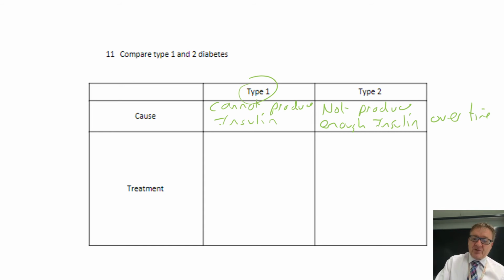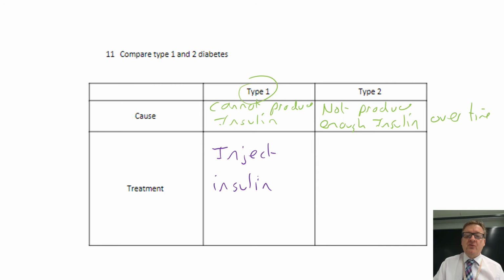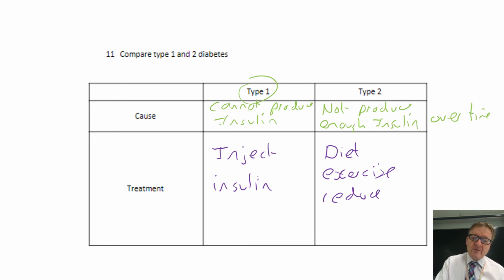Treatment. The treatment of type 1 diabetes is you have to inject insulin and control your own levels of insulin in your body. Type 2 diabetes, you have to control your diet and your exercise, and you basically need to reduce your need for insulin.